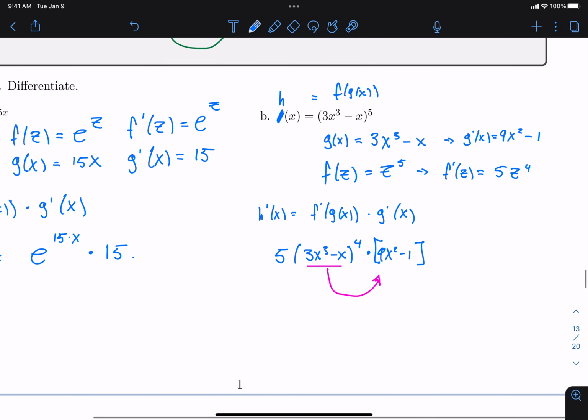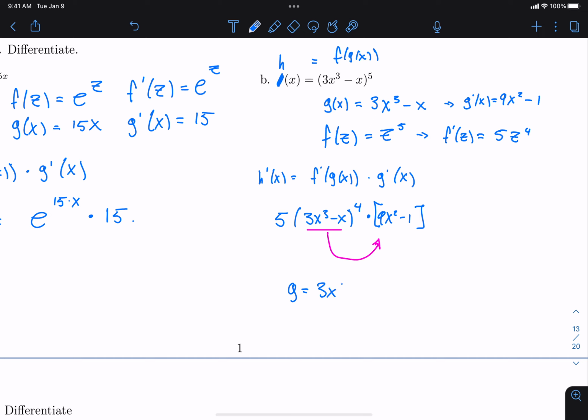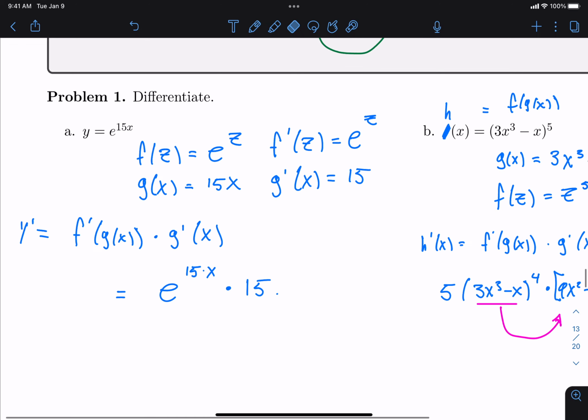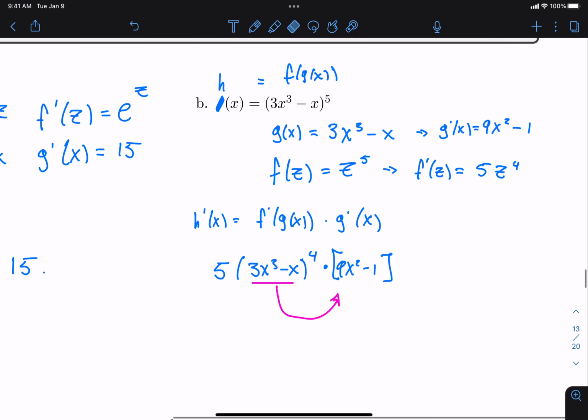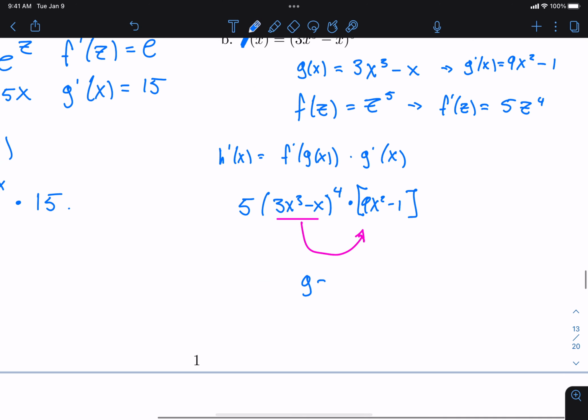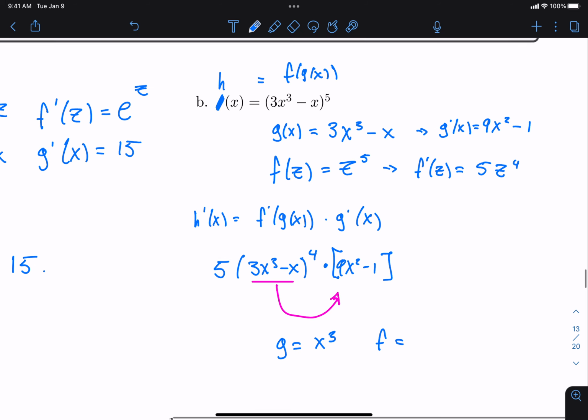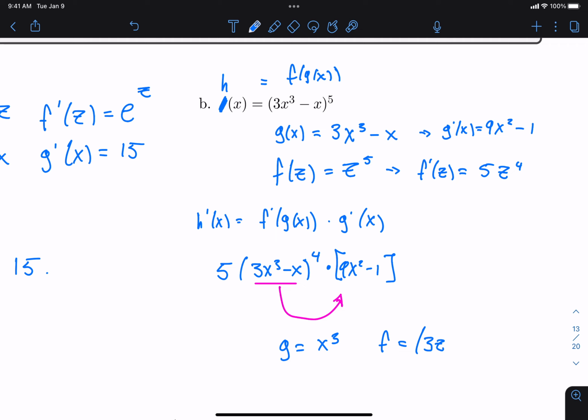I could have said that g is x cubed and f is 3z minus z to the 1/3 power, all raised to the 5th, right?